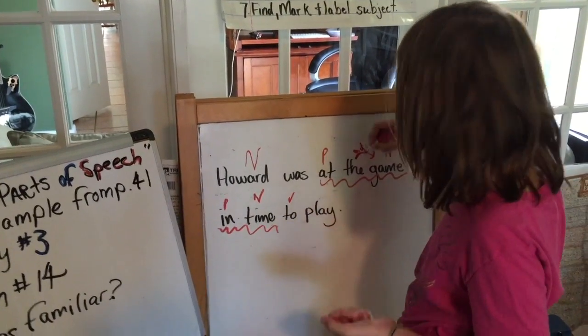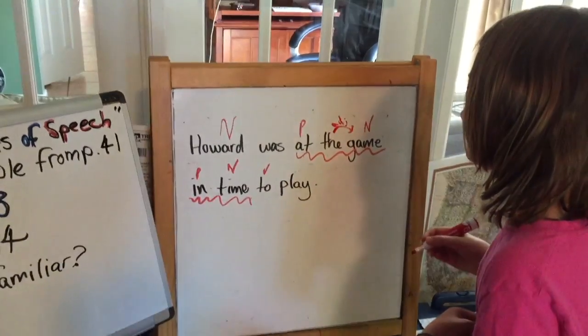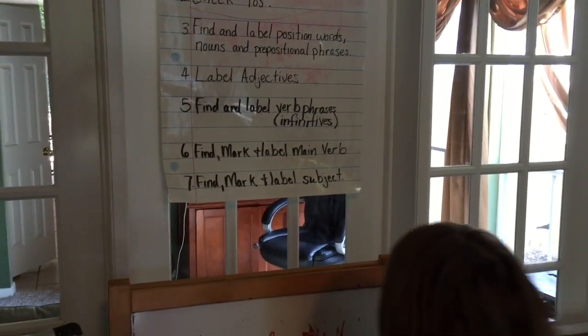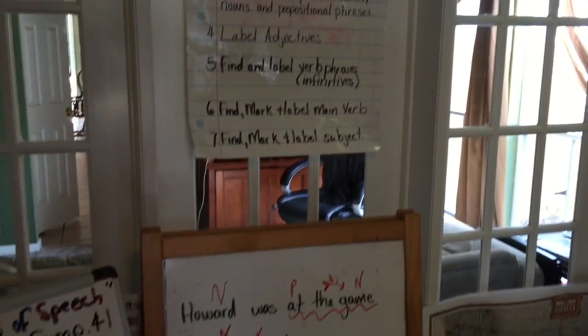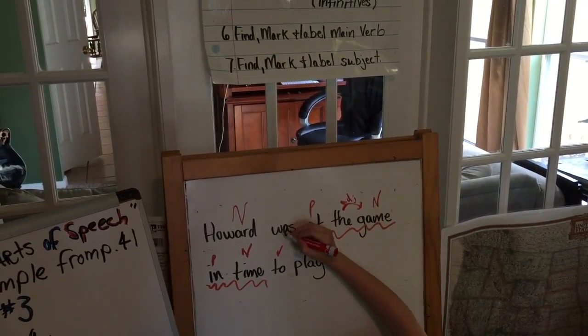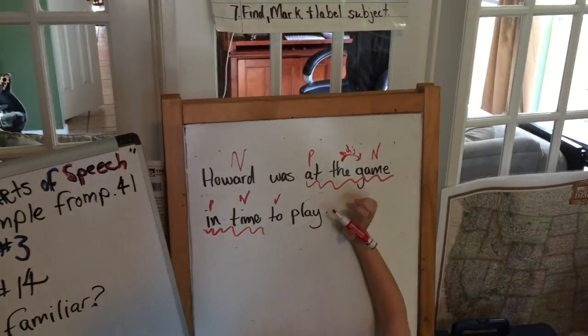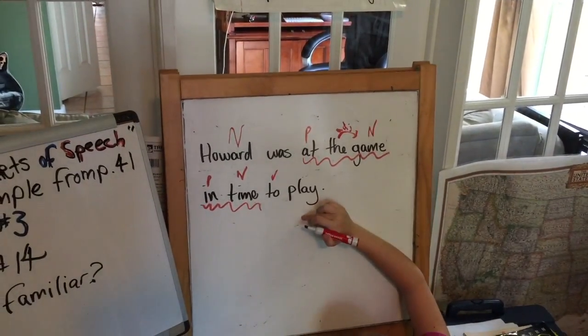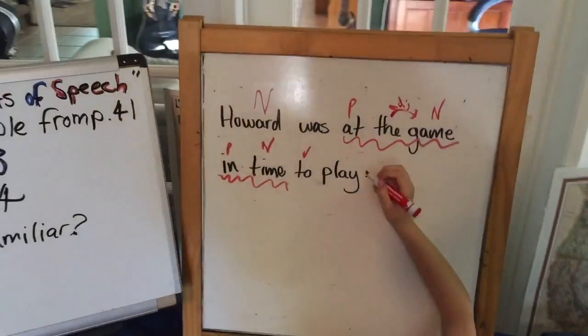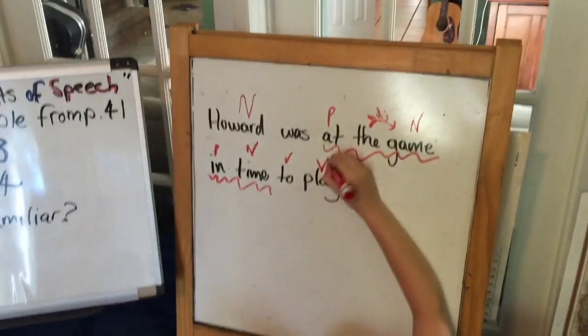Good. Okay, what's step number 5? Find and label verb phrases. So, remember how we did the check for the twos? I noticed that you didn't make that a preposition word, did you? No. Because the word following the to is a verb, not a noun. So go ahead and make that a verb.